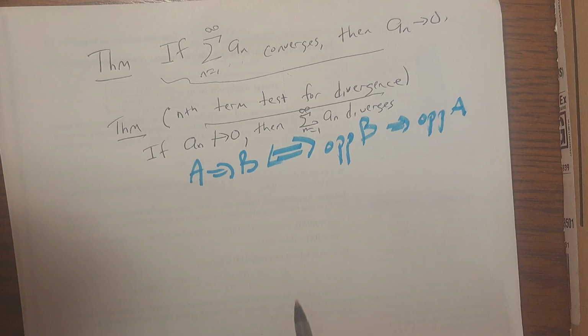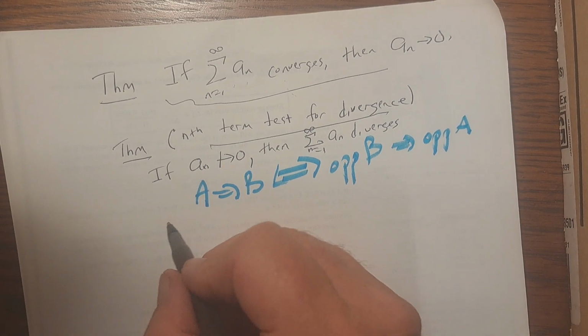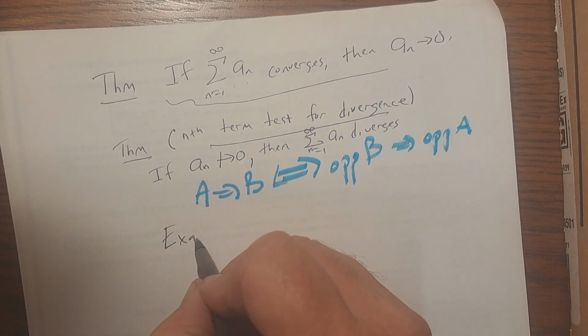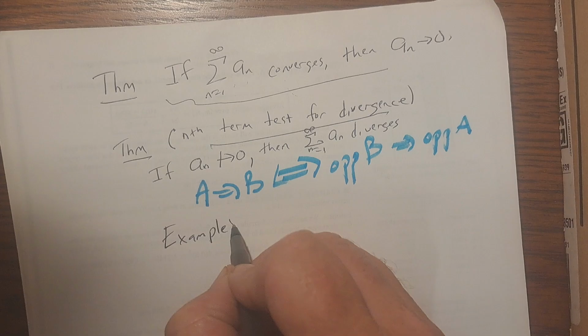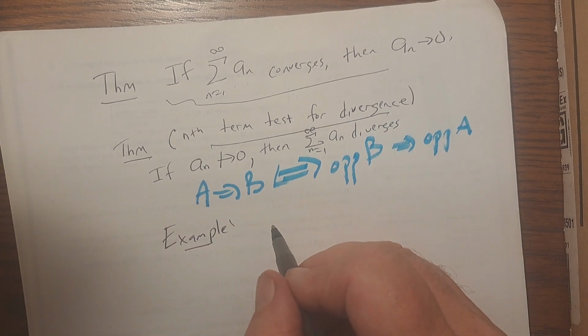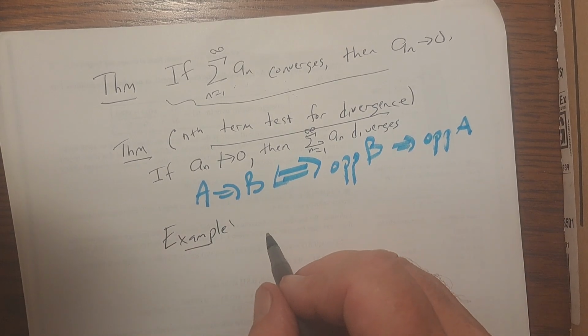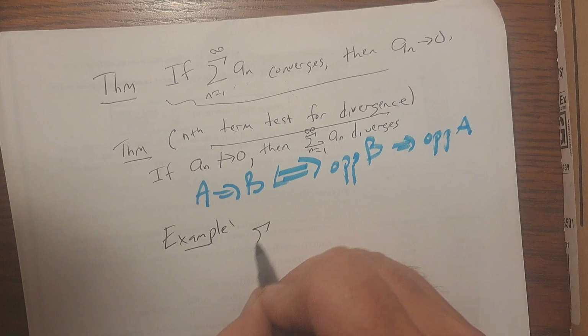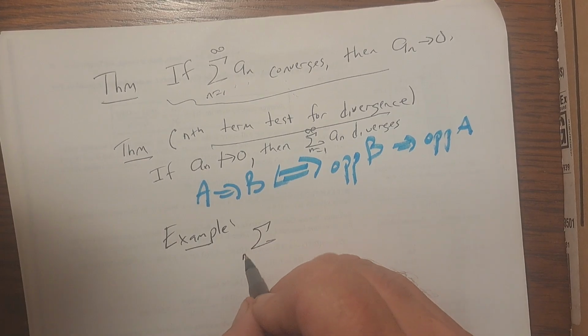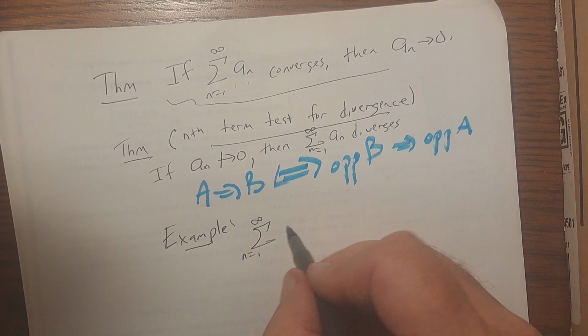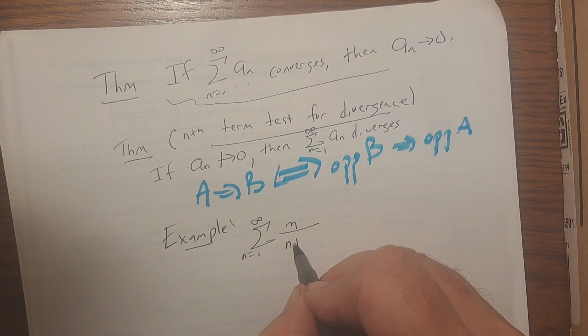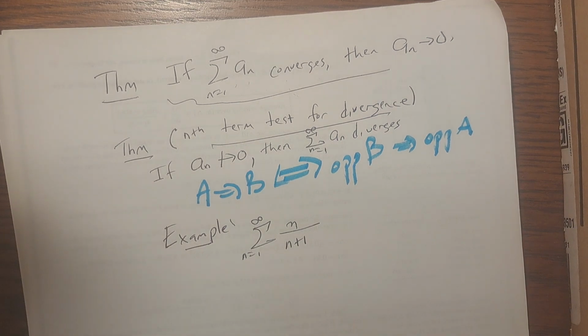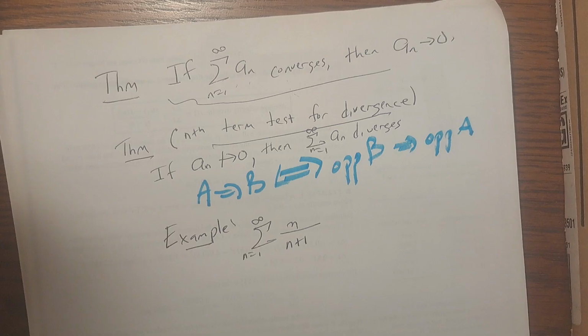Let's say, for example, if you took the sum from n equals 1 to infinity of n over n plus 1, that's not geometric. It's also not telescopic. I can't write out the terms and have a whole bunch of cancellation.